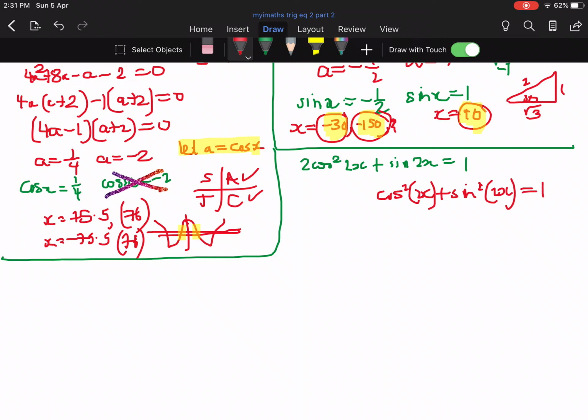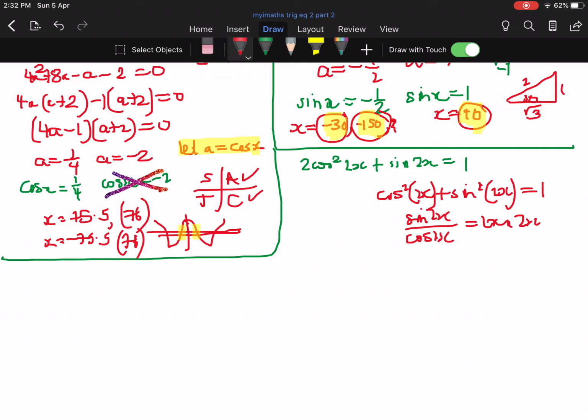You still know that. And also you could say to yourself that sine 2x over cos 2x equals tan 2x. So I've got all these things flying about my head. Which one am I going to go with?